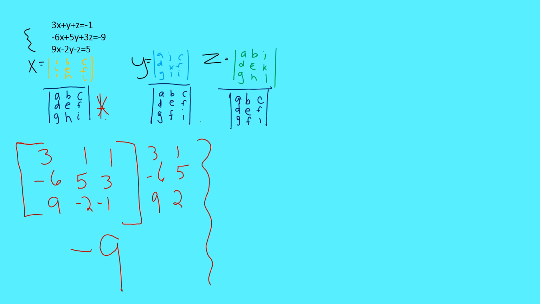And then in order to find our matrix specific to the x, we are going to take our answer matrix, which is -1, -9, and 5, and we're going to make that first in this matrix, and then we are going to use the y's, or I'm sorry, the y's, 1, 5, -2, 1, 3, 1, and we're going to find the determinant of this as well, and that is going to be -2.